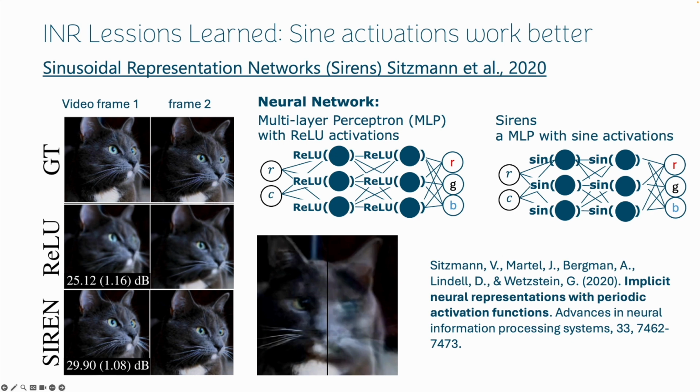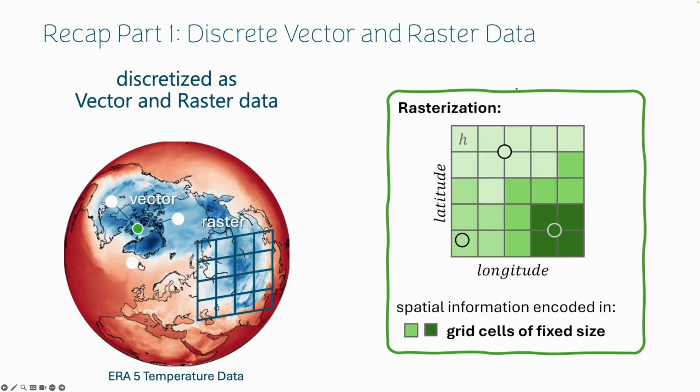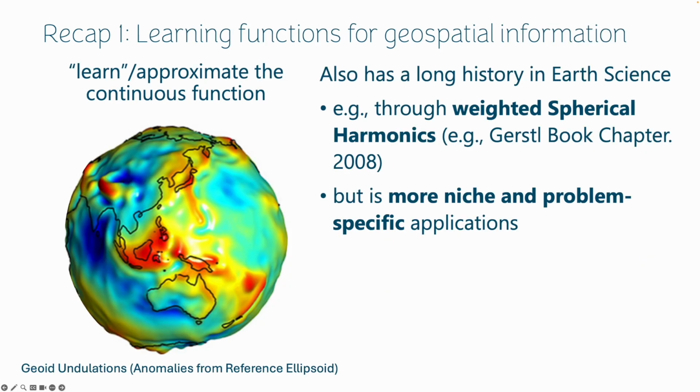Let's go back into the geospatial domain and do a little bit of a recap. Our world is continuous, and usually the way we store geospatial data is in discrete formats like vector or raster. There are plenty of tools to convert between the two, like interpolation or rasterization, and there's a very established field of geoinformation science. But there's the second idea of approximating this underlying continuous function with a family of functions like spherical harmonics that allow us to do that as a set of basis functions.